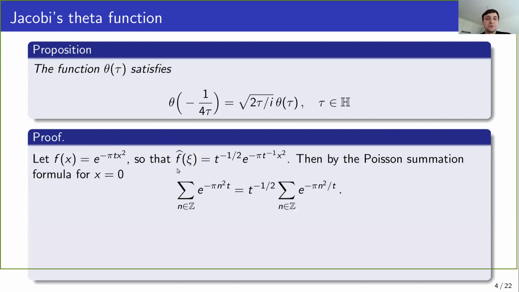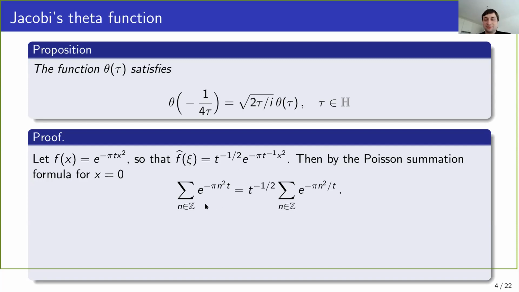Because of that, you can compute the Fourier transform of this rescaled version. And it turns out to be again a Gaussian with the parameter t inverse, but also multiplied by t to the minus 1/2 because of the rescaling. Then you apply the Poisson summation formula, in the special case when you put x equal to 0.